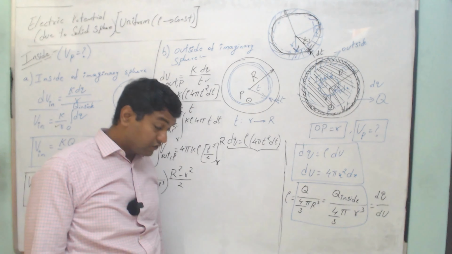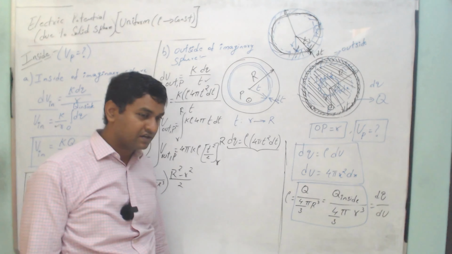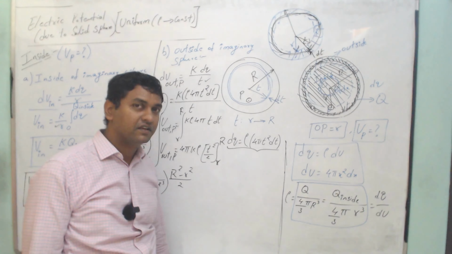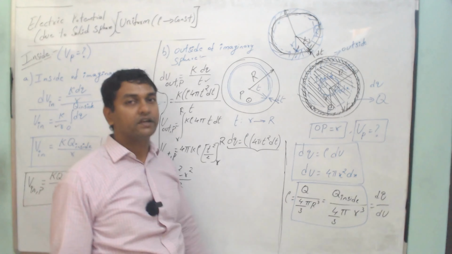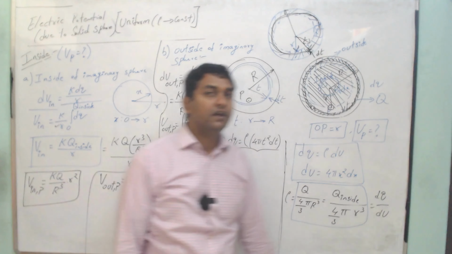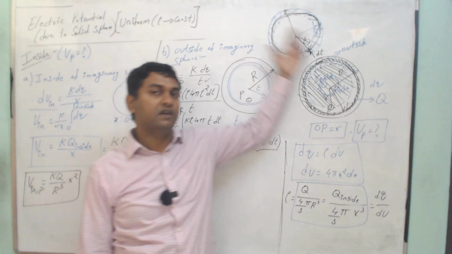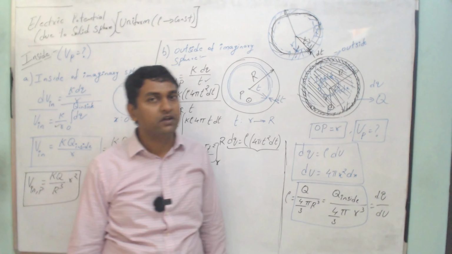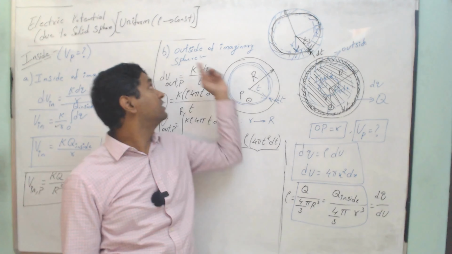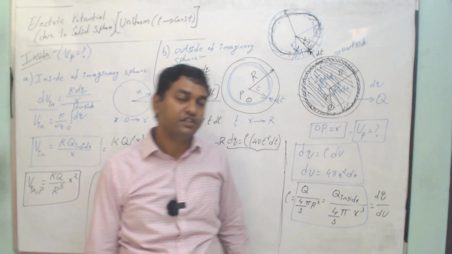No, sir, volume of capital R minus volume of small r. By subtracting radii, what will I get? Nothing. I'll have to subtract the total volume of radius capital R minus the total volume of radius small r. That will define the region which I am calling outside of the imaginary sphere.